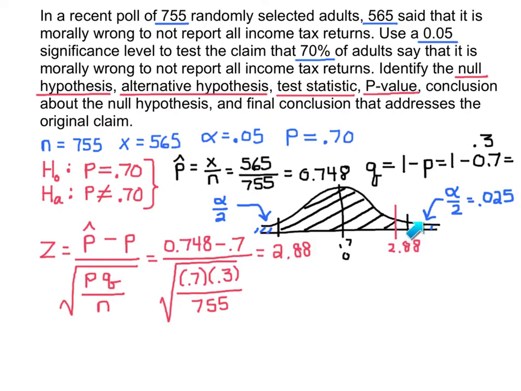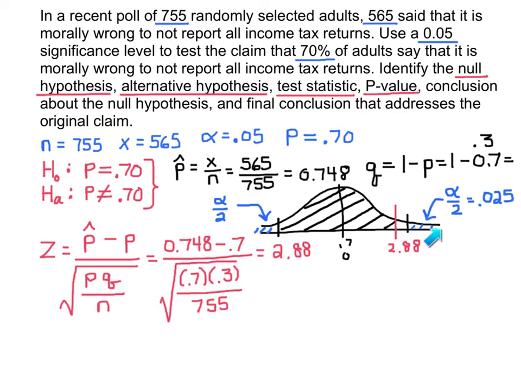It could end up over here. I'm not really sure. But let's imagine it falls to the left, okay? So if it falls to the left, then we know that it falls in the area under the curve where we would expect the population to be equal to 0.7. So it's close enough to be equal to 0.7 or 70%.